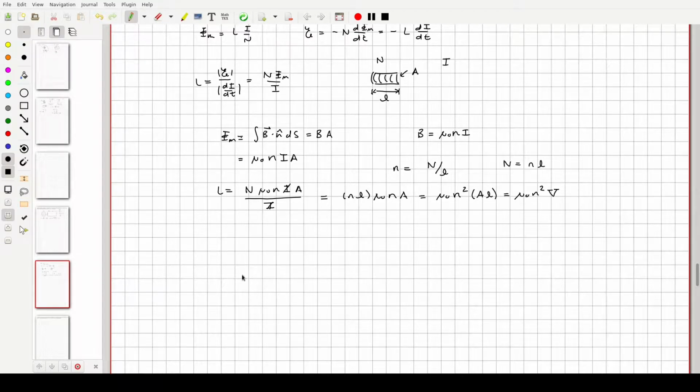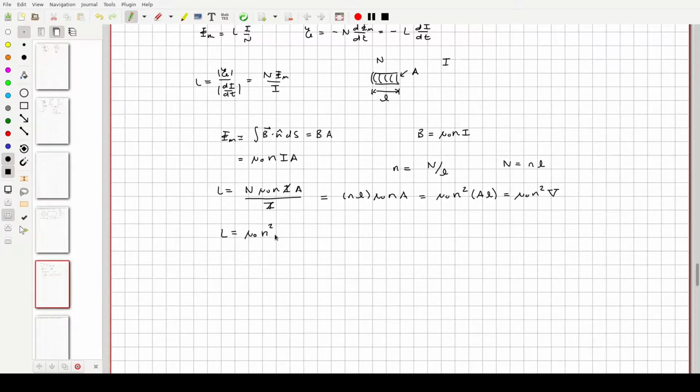Now the important thing I'd like to point out here is that the inductance of this solenoid is purely a geometrical thing. Mu naught is the permeability of free space, but n itself is the number of turns per unit length. It's a physical thing. It's not something that changes as a consequence of current flow or EMF or anything like that. It's a geometrical thing, just like the area and the length of our solenoid are issues of geometry.